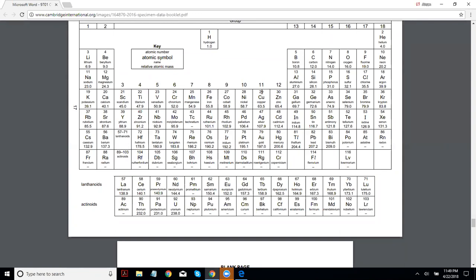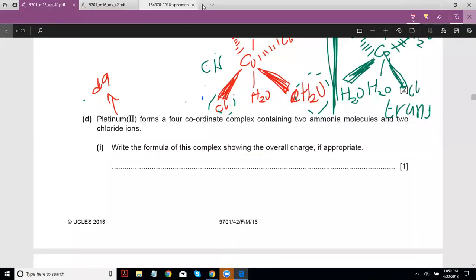Platinum is 3d8, by the way. Not 3d9. Platinum 2. Okay, so much for that jugaad. Anyway, the 3d8 ones.